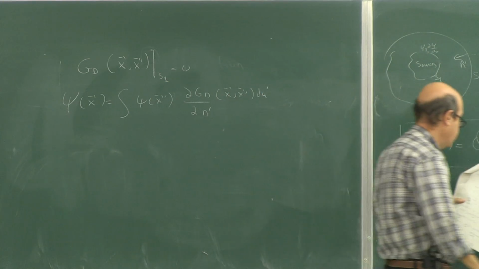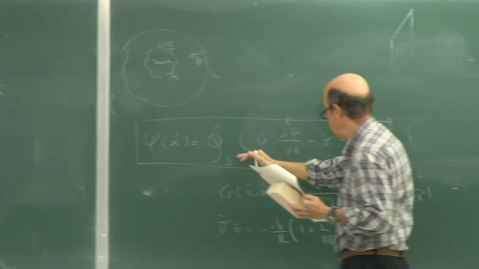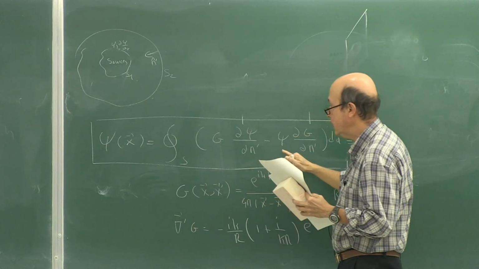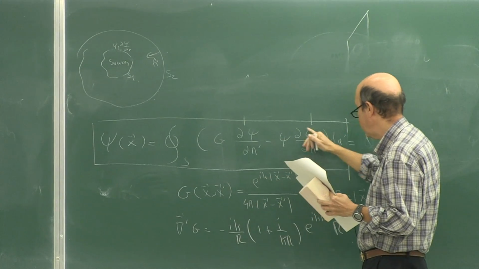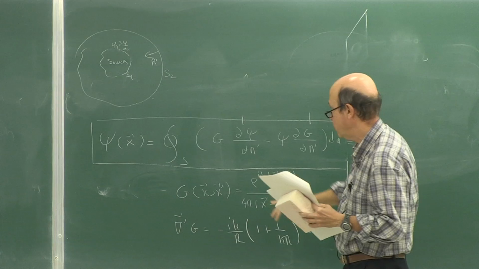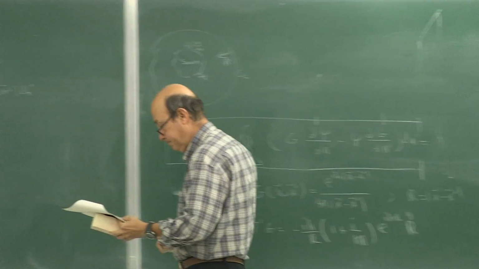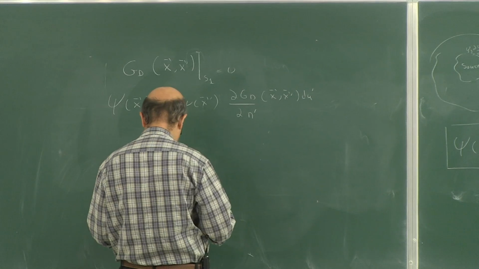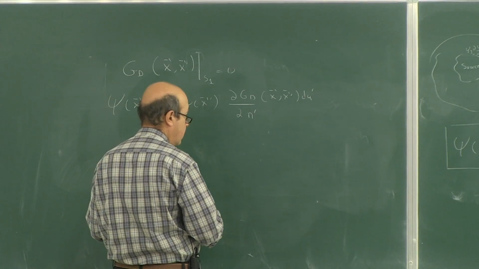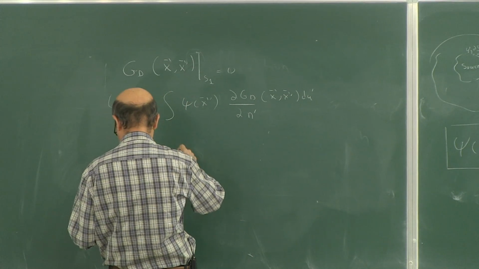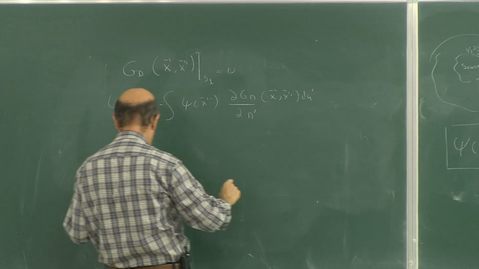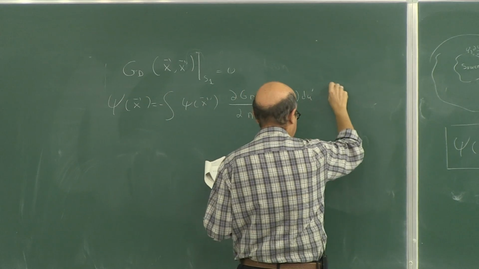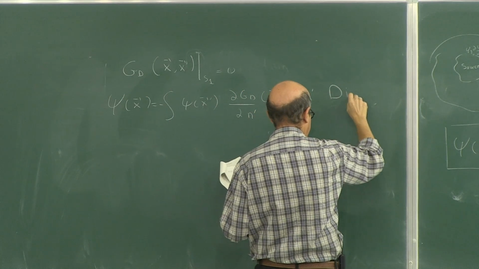If the Green's function at the surface S1 is 0, then you need to calculate the derivative of the Green's function and find the solution there. I think this has a minus sign. This is called the Dirichlet boundary condition.